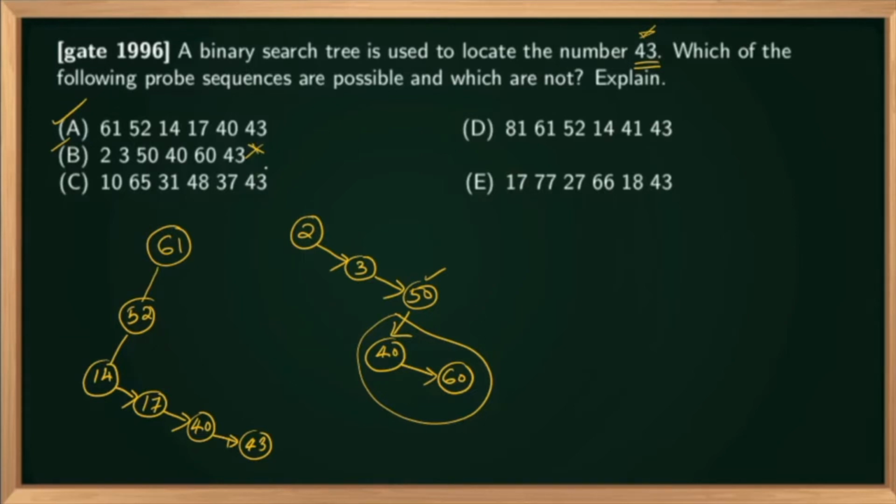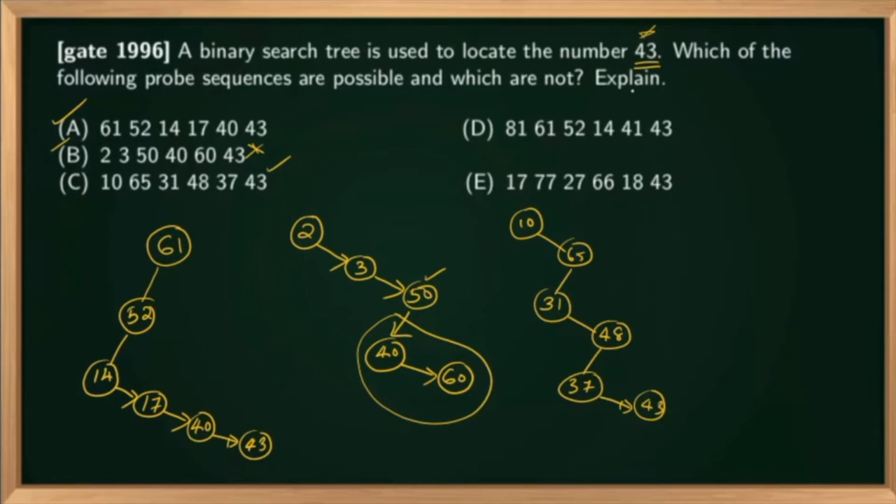Right? Let's take choice C. You are starting with 10, then you go right to 65, then you go left to 31, then you go right to 48, then you go left to 37, then you go right to 43. Is there any problem with this choice? No, right?